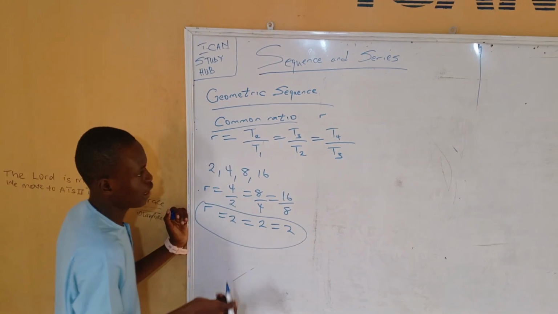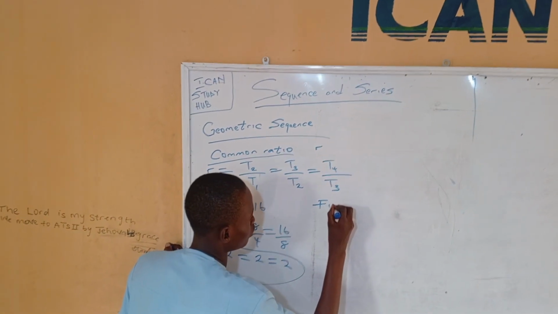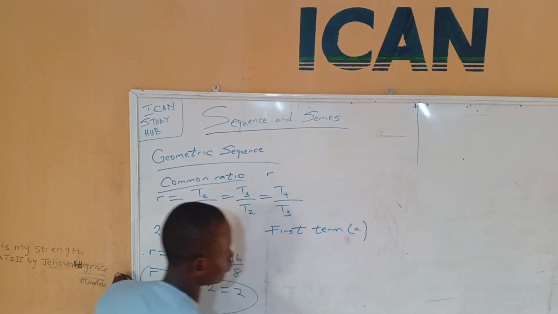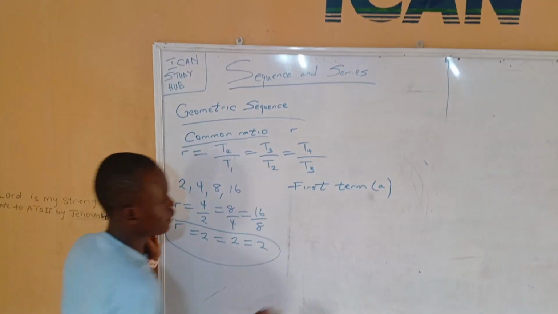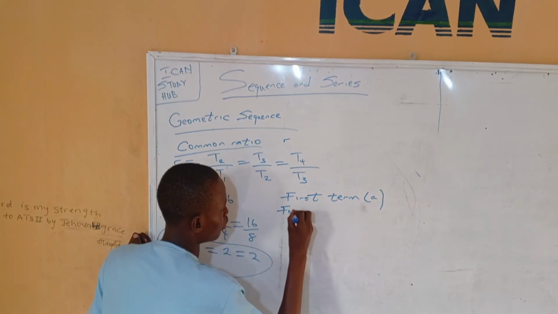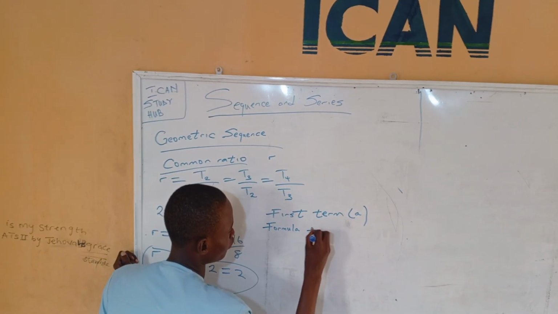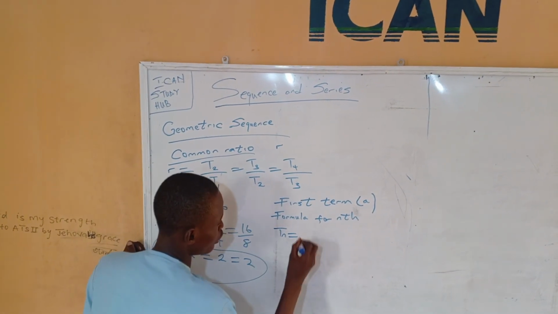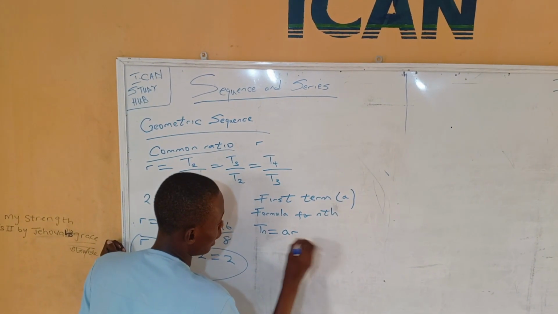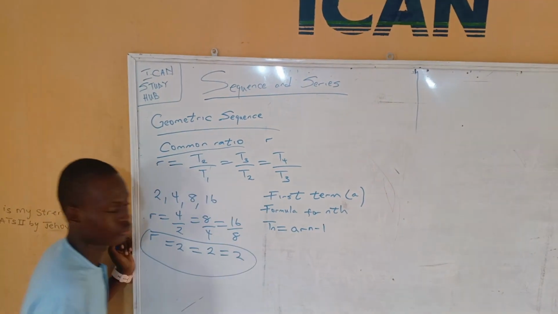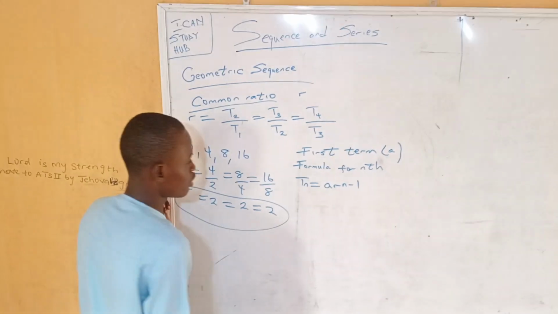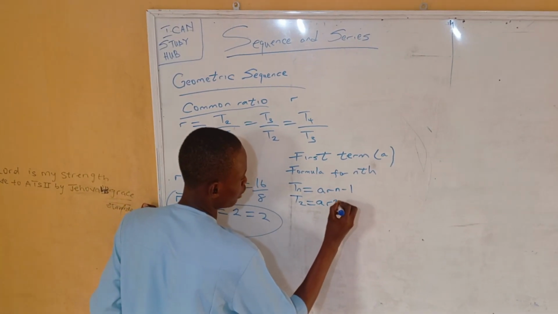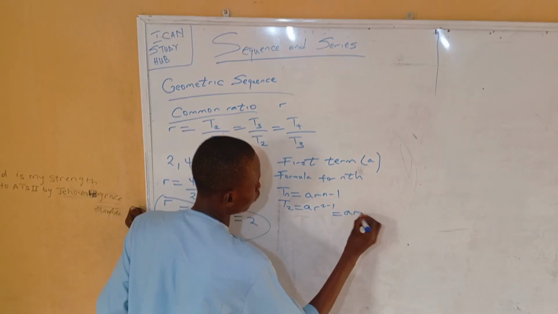Don't forget, our first term still remains our A. And the formula for the nth term is Tn is equal to A R raised to power n minus 1. So now, if we are looking for the second term, T2 is equal to A R raised to 2 minus 1, which is equal to AR.